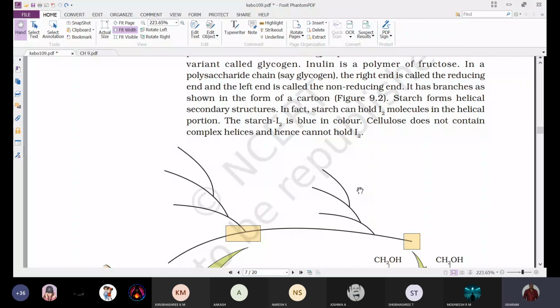Because of that heat, it will break some of the glycosidic bonds present in the starch. As a result, the starch is broken down into small molecules.